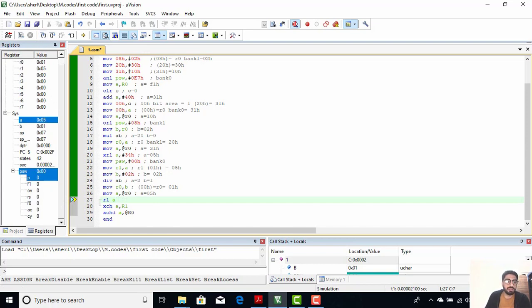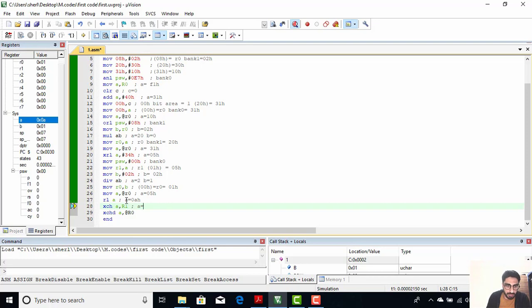And then we are going to rotate left the accumulator. Let's see the new value of A. So it's 0A hex. Now A equals 0A hex. And now we are going to exchange the value of A with the value of register 1 of bank 0.